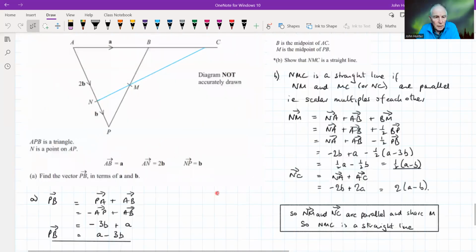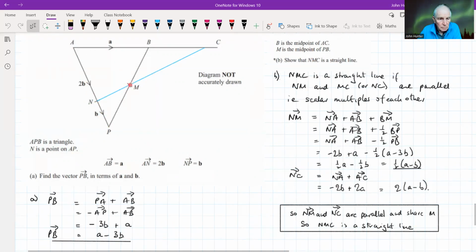And here is something on a fairly similar line, really. APB is a triangle. N is a point on AP, such that, well, it's marked on the diagram. A 2B, B there. That's okay.